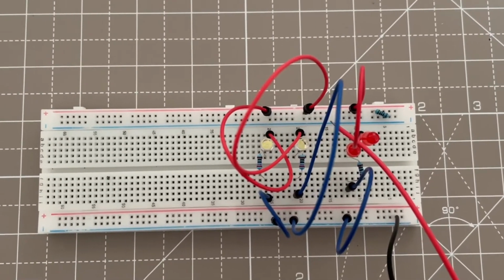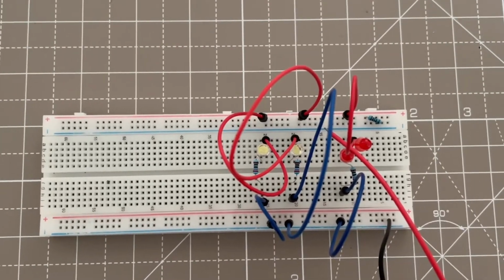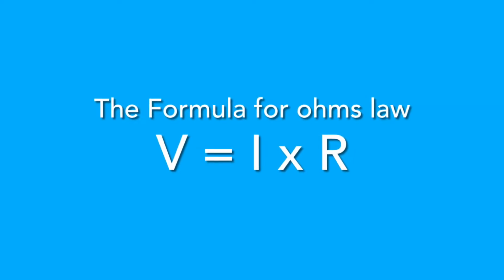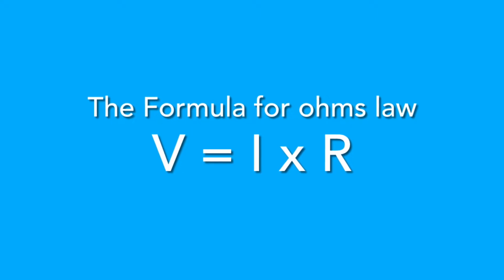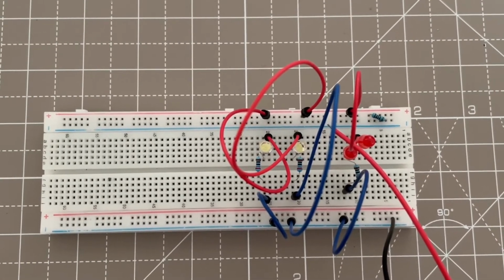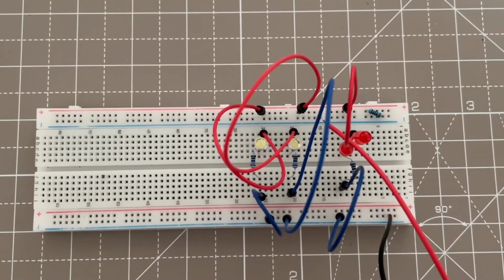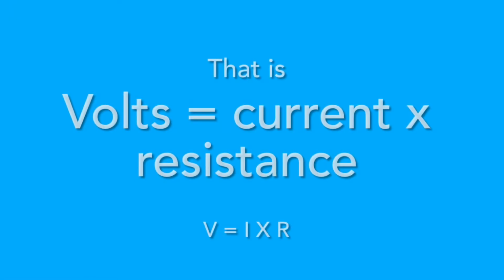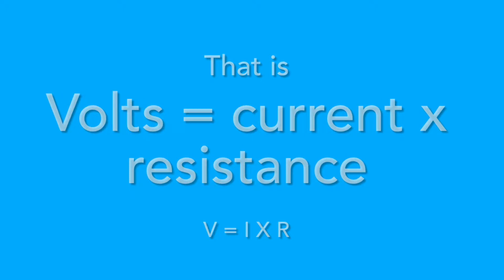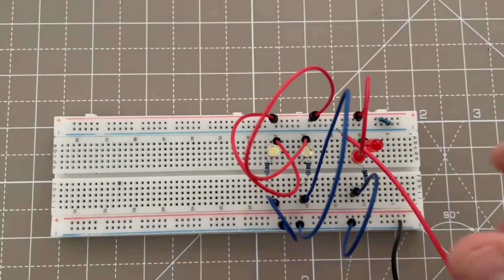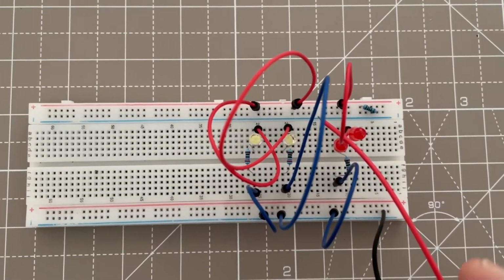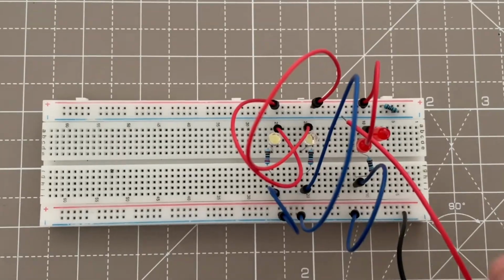The equation for Ohm's law is V equals I times R, so that's volts equals current times resistance. So we need to know how to work out what resistors we use on the LEDs.